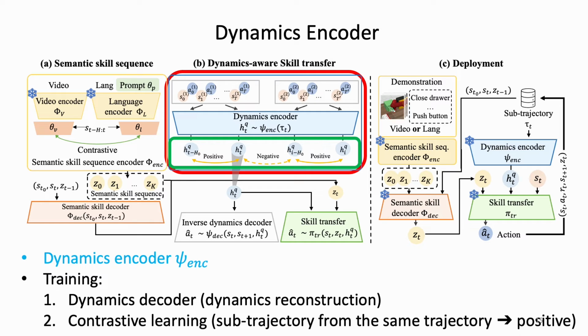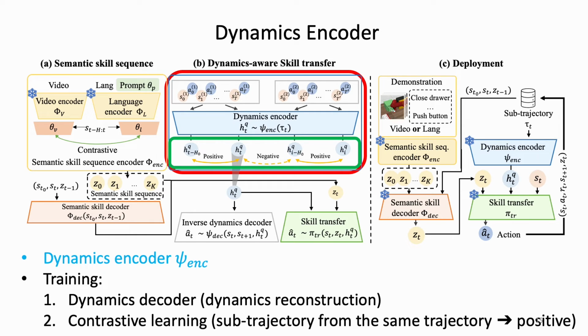The second component involves learning through contrastive learning. In contrastive learning, the concepts of positive and negative pairs are important. Positive pairs are trained to remain close to each other in the embedding space, while negative pairs are trained to be farther apart.